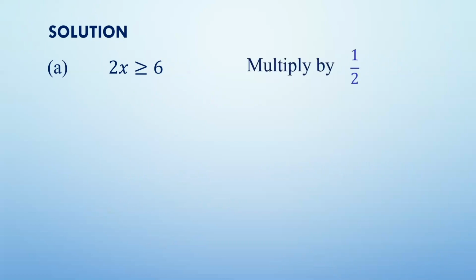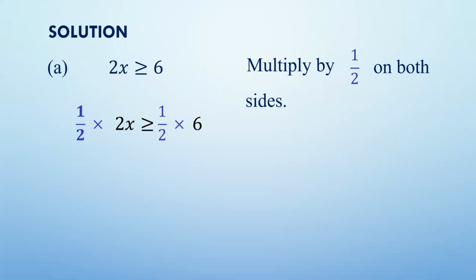The solution to part A, 2x greater than or equal to 6. So the multiplicative inverse of 2 is half. So I multiply by half on both sides. And I get x greater than or equal to 3.